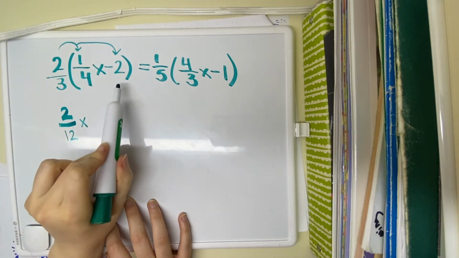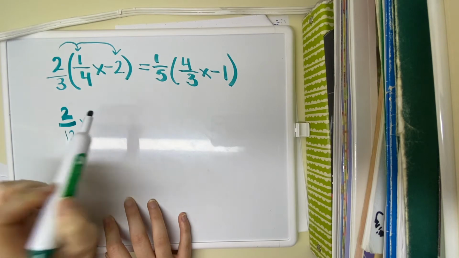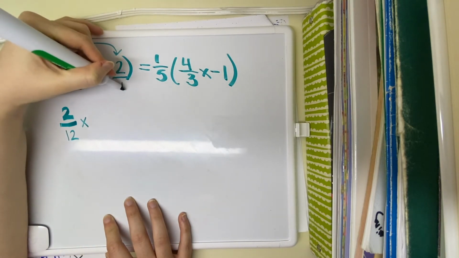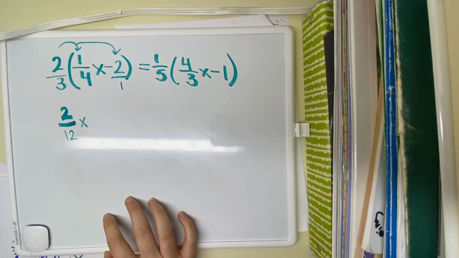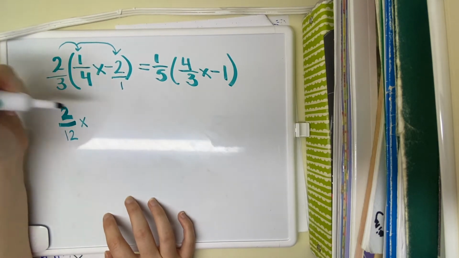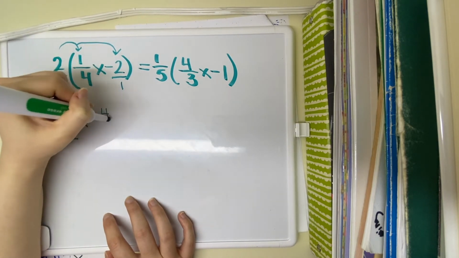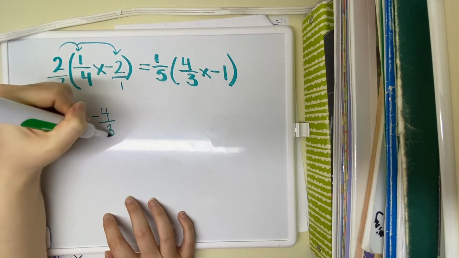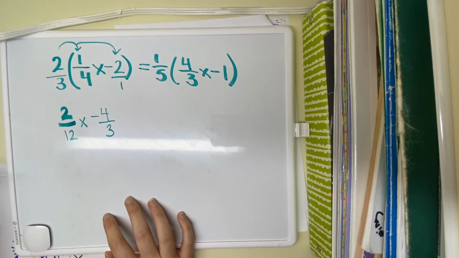The -2 is a whole number, so a way to make that easier is to turn it into a fraction by putting it over 1 if you struggle with fractions. So 2 times -2, that would be -4, over 3 times 1, that would be 3. Hopefully I'm doing all this math correct.